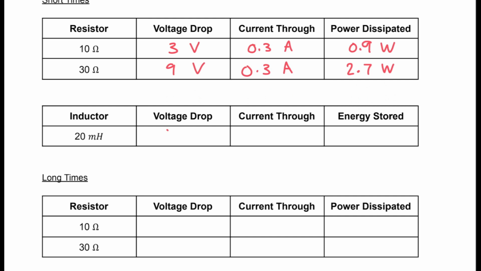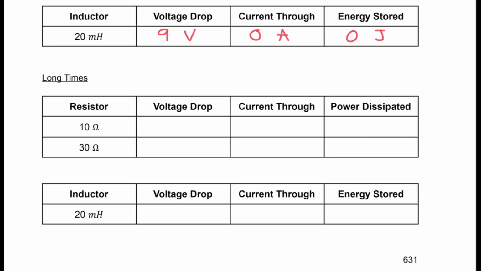At this time, the voltage drop across the inductor was 9 volts because it was in parallel with the 30 ohm. The current through it was 0 because it still blocks current, and the energy stored was 0 because there was no current through the inductor. At long times, we said that the 30 ohm was effectively shorted. So that means that we get all zeros from the 30 ohm at this point.